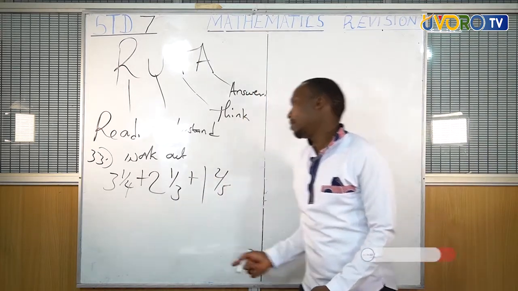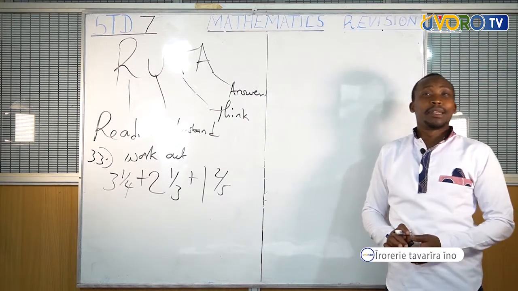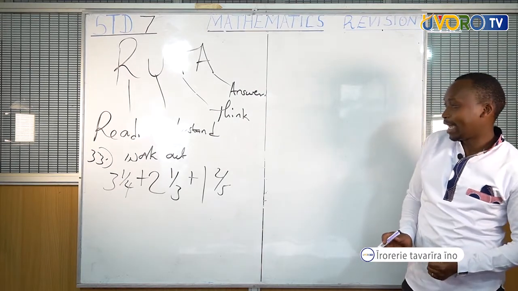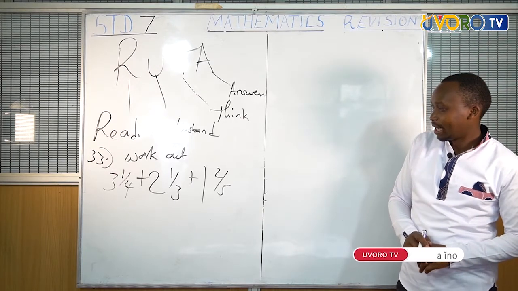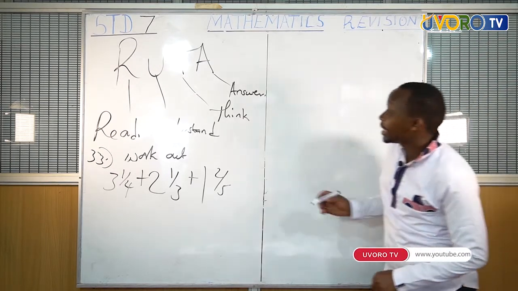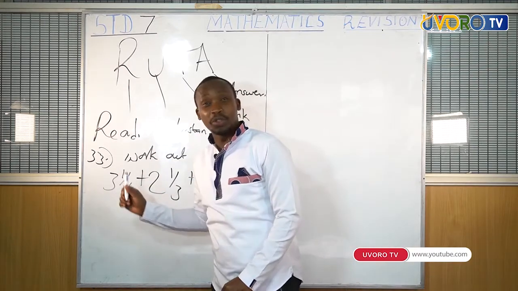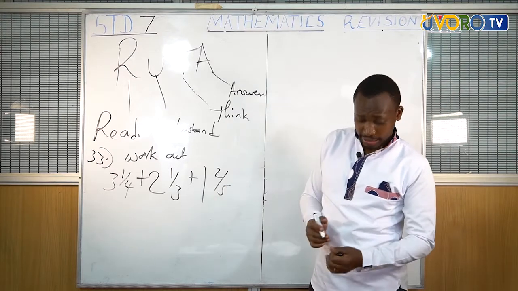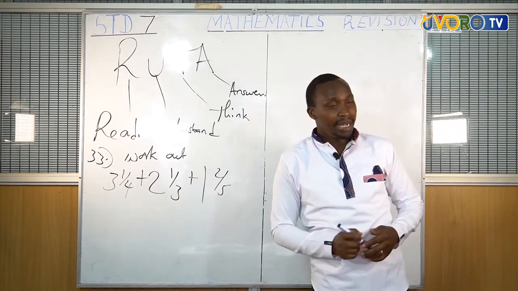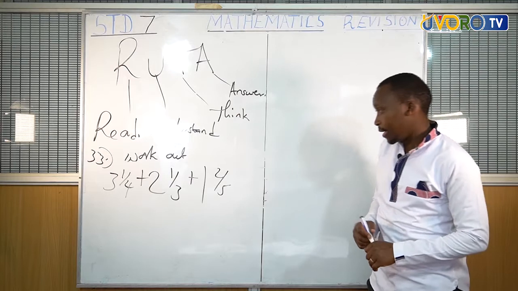Are you supposed to add them as they are? No? Okay, what are you supposed to do? Somebody to try? Very good. That is, you put the like terms together. What are the like terms together here? That is, whole numbers with whole numbers, and fractions with fractions.